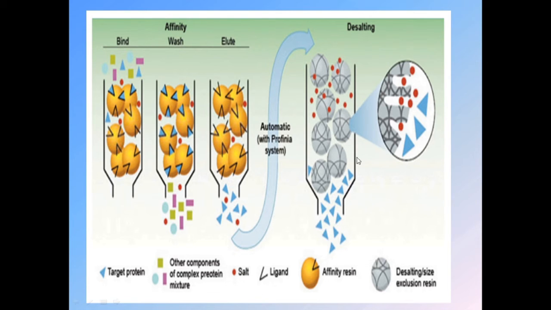Here, affinity: bind, elute, and wash. This is automatic with the Profinia system. This is desalting. Here, this indicates target protein. This square indicates other components.